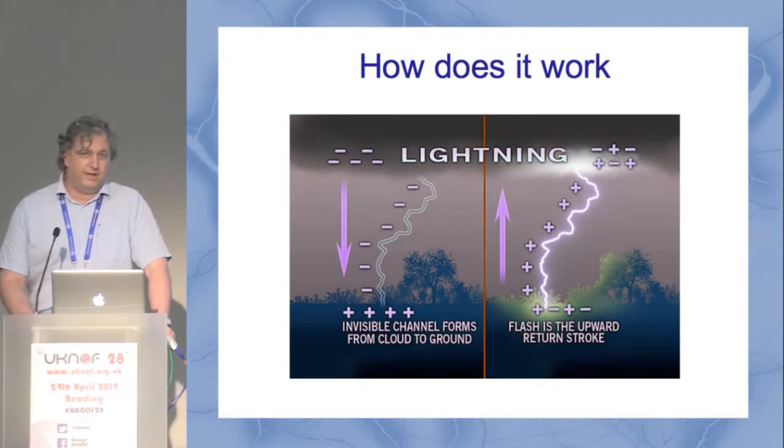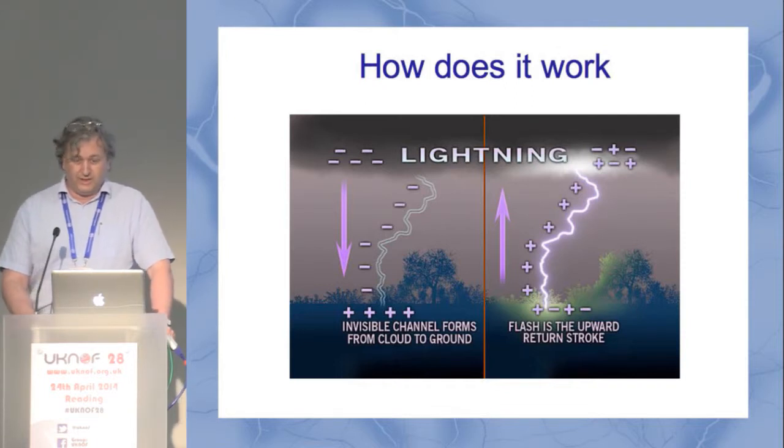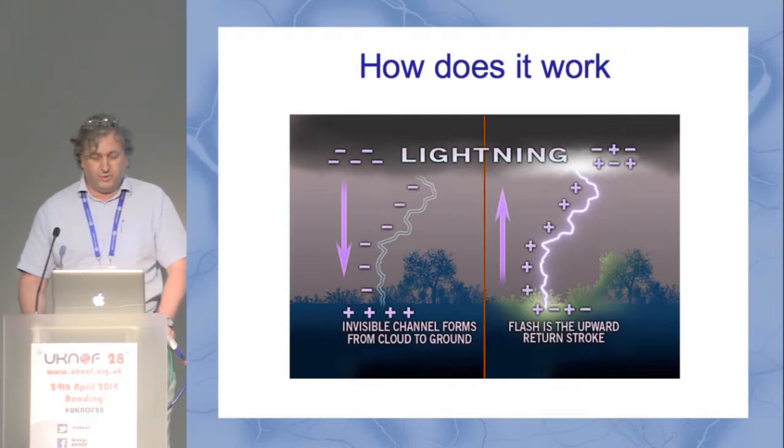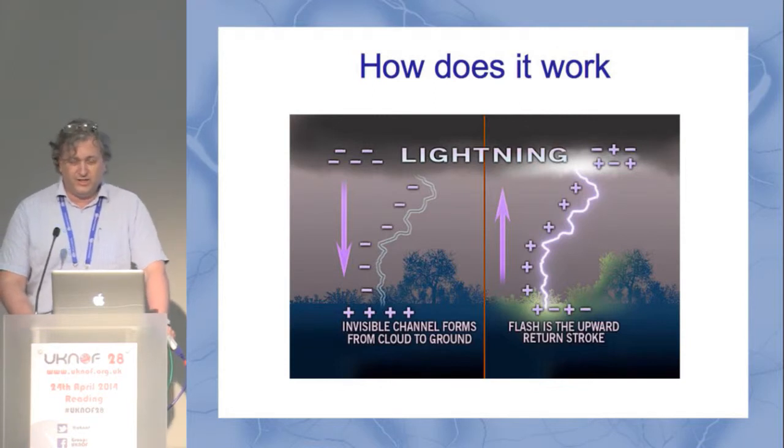But what happens when that potential builds up enough is that an ionization channel forms, and it forms quite slowly, and it sort of gradually creeps downwards through the air, not carrying very much current at all at this point until it hits the ground. At which point we now have an ionized channel, and ionized air is actually quite a good conductor.